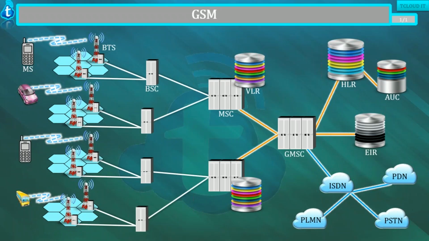At that time multiple MSCs would be connected to one GMSC. Every MSC was not having a GMSC, but because the software and hardware have become so much easier nowadays, they started implementing the GMSC functionality into every MSC to make things work in a faster way, to make the calls happen in a really faster manner. So to reduce the workload and to distribute the functionality, they have started doing that.